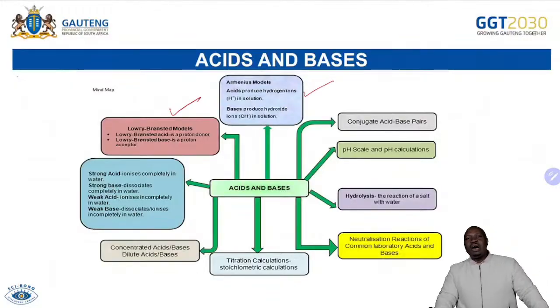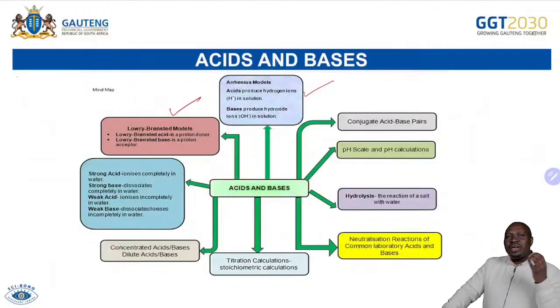Once you know the definition according to Arrhenius and according to Lowry-Bronsted, you must now be able to differentiate between a strong acid and a weak acid.